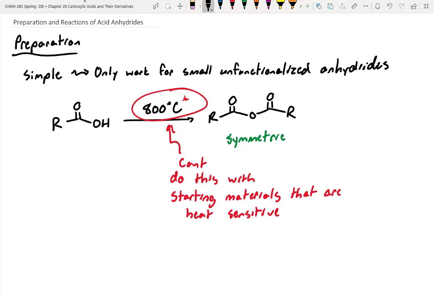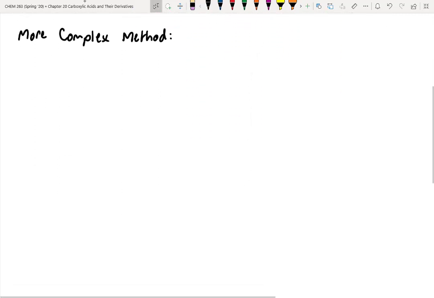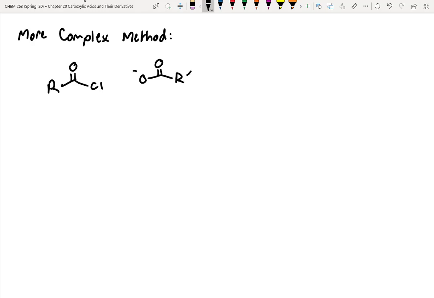All right, a more elegant, more complex way is just to make an anhydride directly from an acid halide. So let's take a look at the more complex method. In general, acid halides are the king of all carboxylic acid derivatives, right? We can make just about anything from an acid halide. So all we really need here is some sort of carboxylate salt.